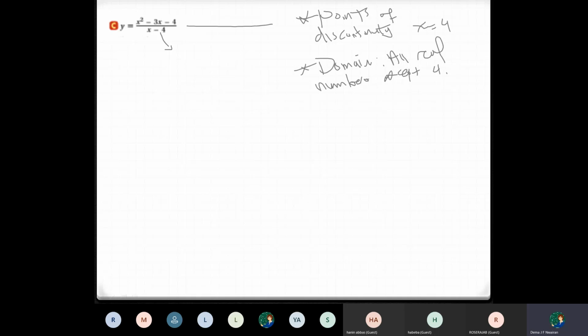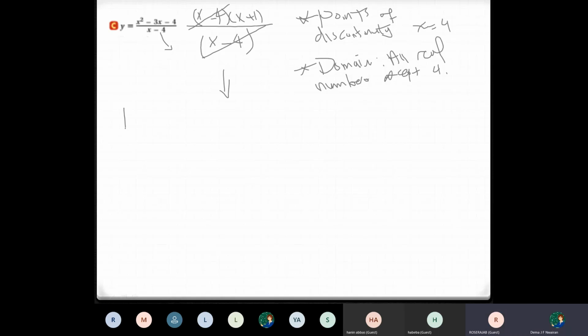How? I will go back and factor the numerator. Can I? Yes. It will be x minus 4 times x plus 1, since minus 4x plus x is negative 3x, over x minus 4. Can I simplify it? Yes.